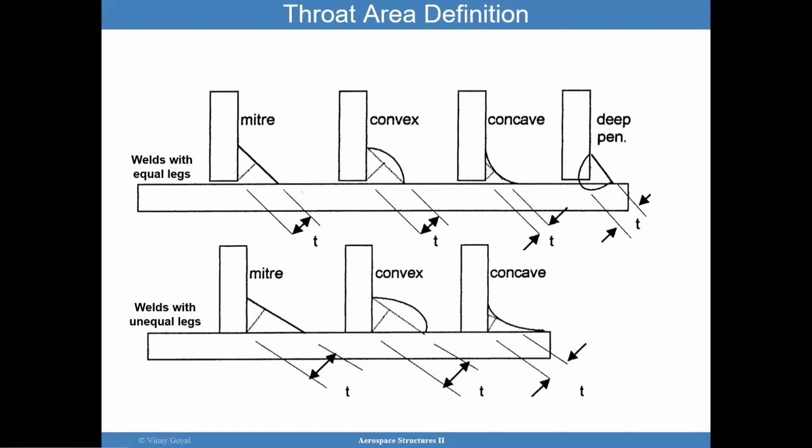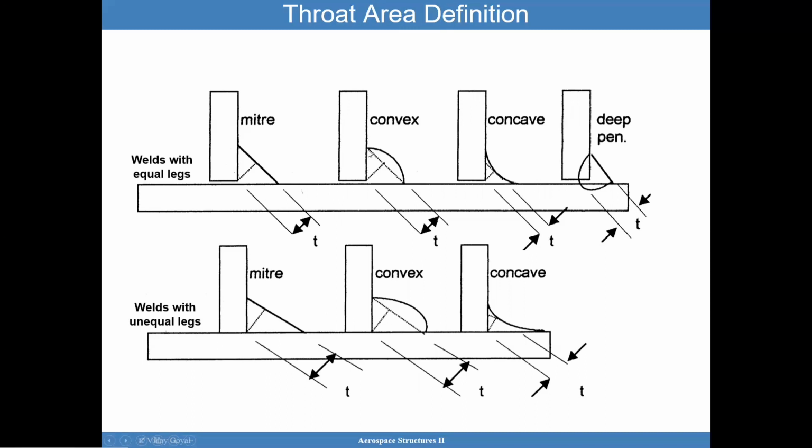Let me cover some ideas about throat here. Presume that you have a weld that connects this flange to this base. In this scenario, the throat is the distance from this point to that point.